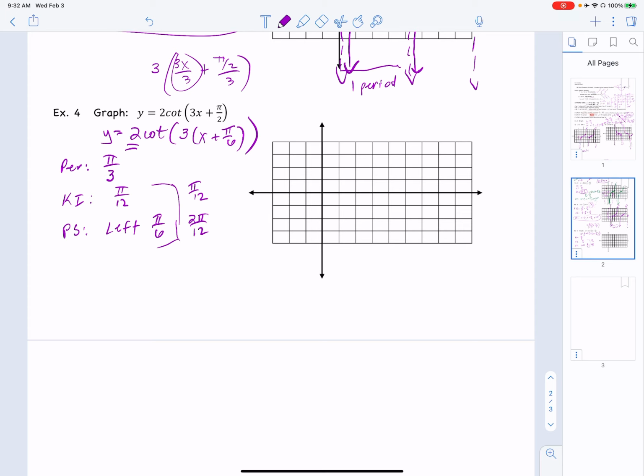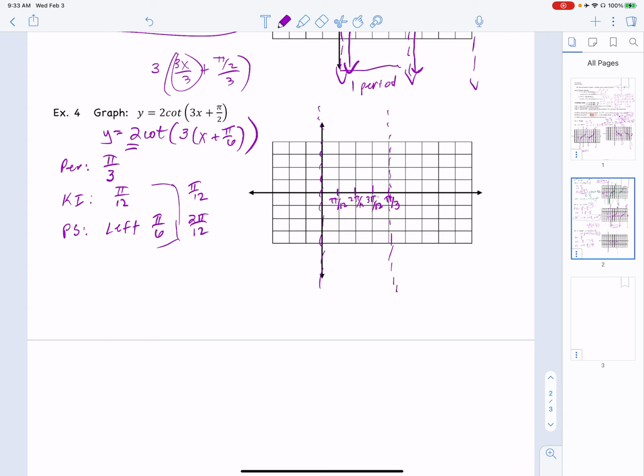And so I'm going to grid this out by pi 12ths. And 4 pi 12ths is pi thirds. And so the normal graph of cotangent would be a vertical asymptote at 0 and a vertical asymptote 1 period away.